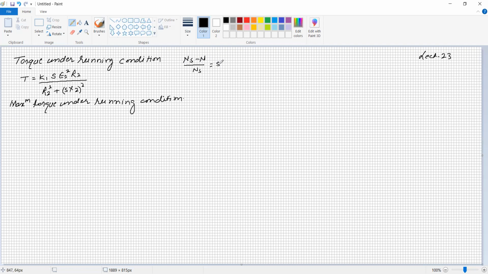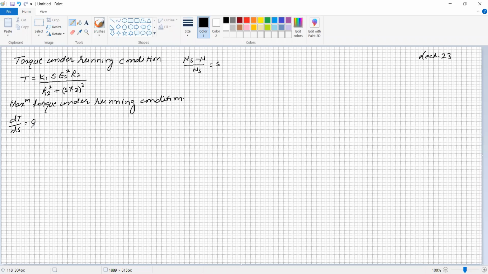No doubt the change in slip is very small, so we can say that the three-phase induction motor is a nearly constant speed motor. So we take the derivative of torque with respect to slip and equate it to 0.